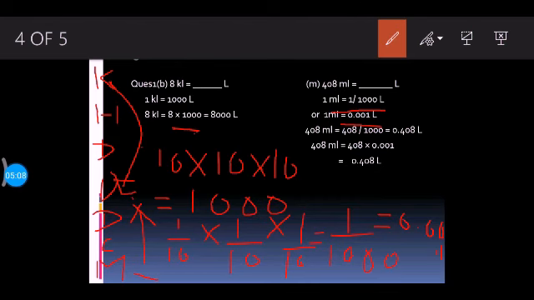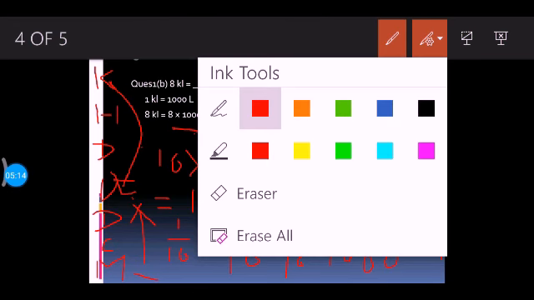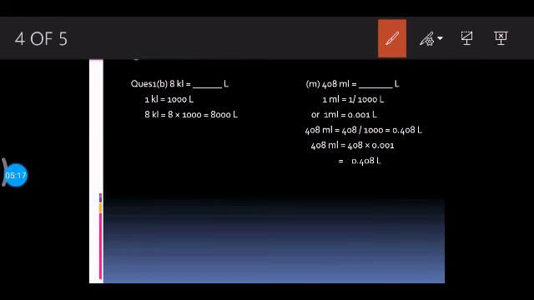This we have already discussed in our earlier classes. So it's better that instead of dividing with 1000, you can multiply with 0.001. So here I have done with both the methods.